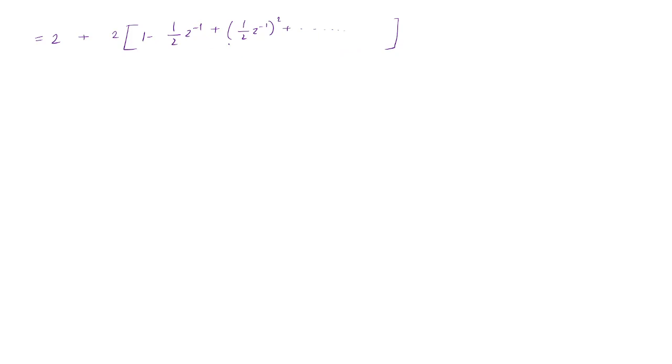Now you can see there is no positive exponent in Z. The exponents of Z, Z to the power minus n, all n's are non-negative. In other words, there is no positive exponent of Z. All the terms starting from Z to the power 0 is 1, of course, Z to the power minus n, where n is a strictly positive term.